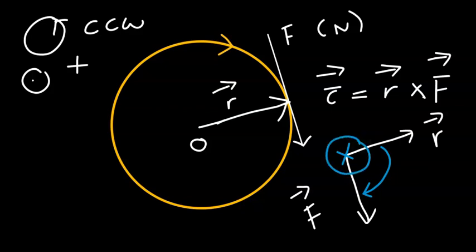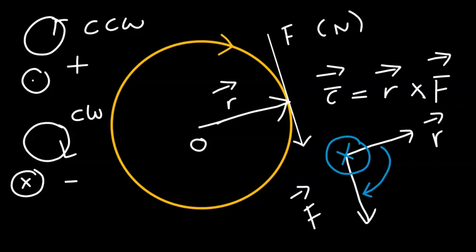So that means for a clockwise rotation, which means when the torque is heading into the plane, the sign of the torque is taken to be negative. So that is the sign convention for the torque.